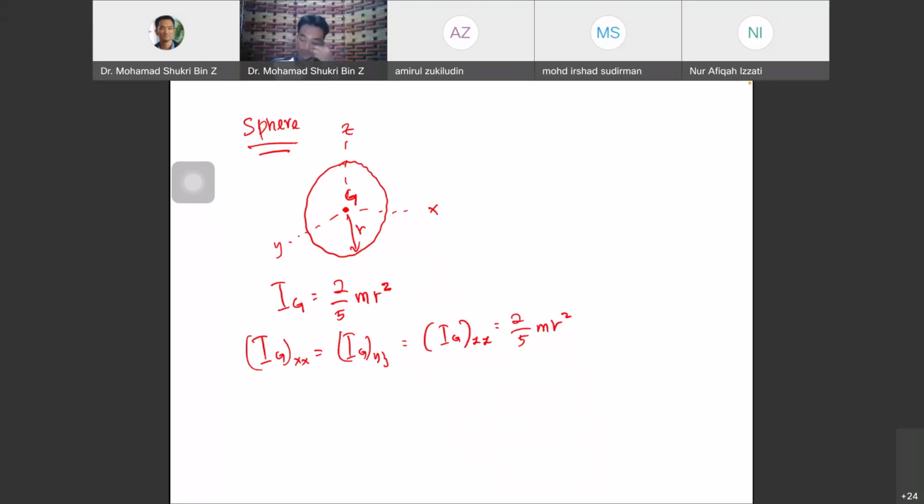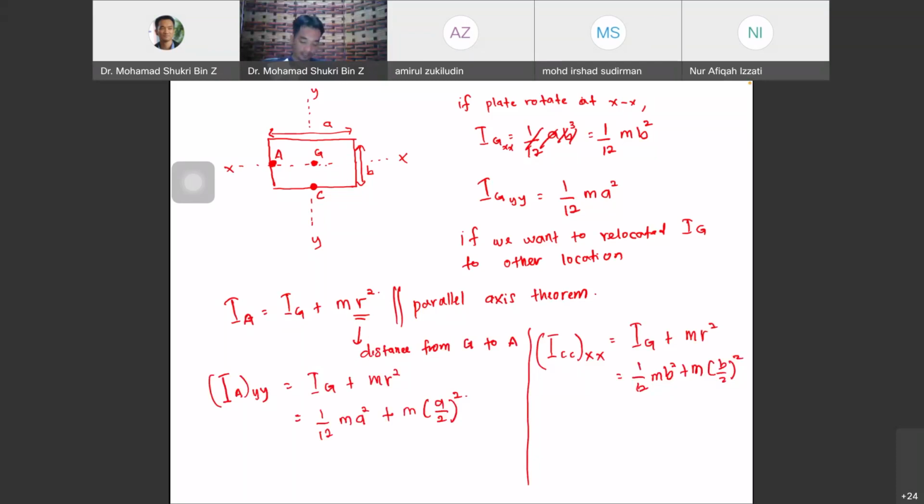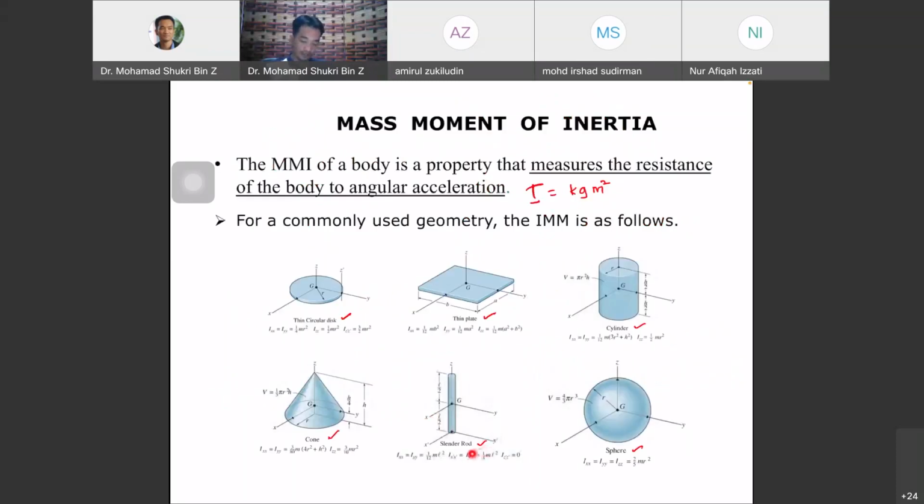So we have the sphere, we have the rectangular plate, and we have others as well, like the cylinder rod, and cylinder and others, depending on the questions.